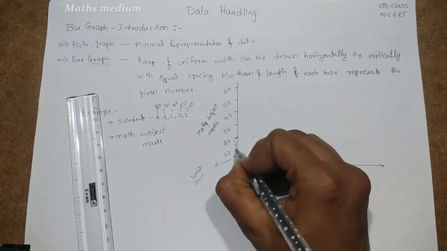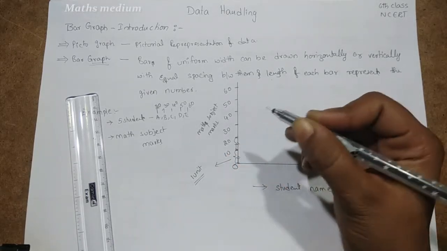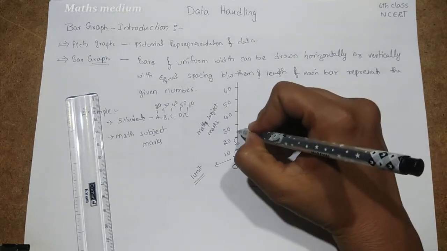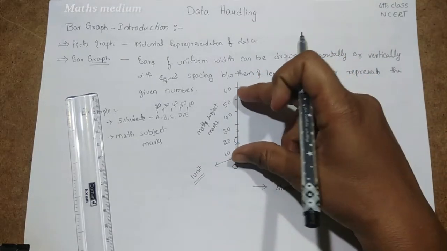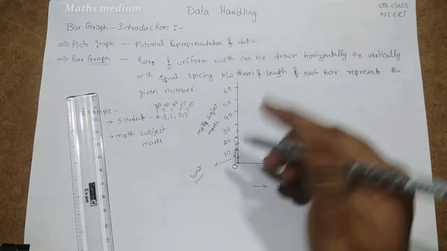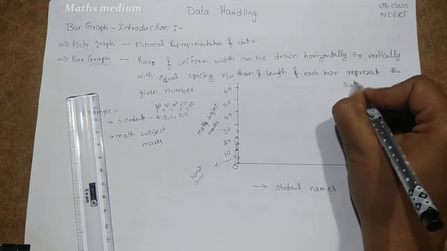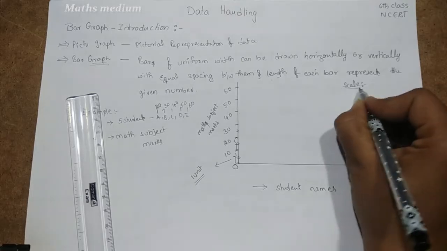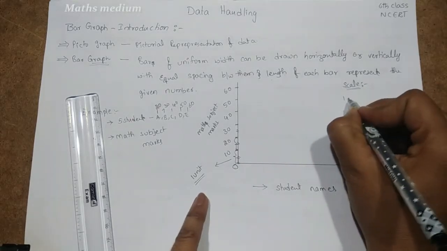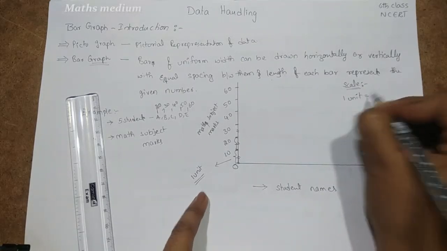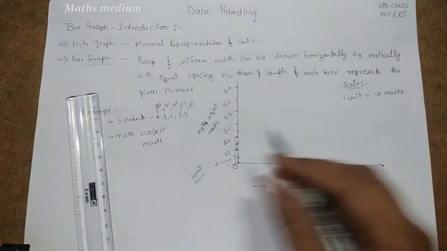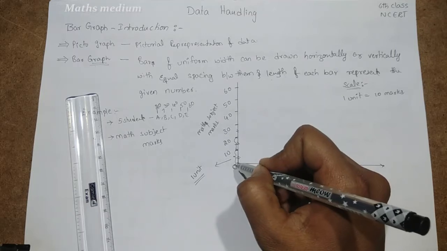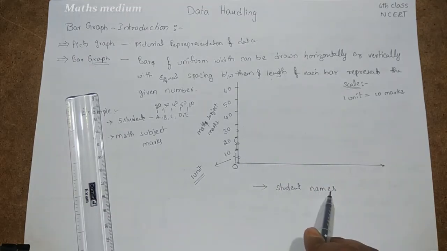This is also 1 unit, equal to this unit also. That's why it has equal spacing in length. So 1 unit is called the scale here. How are we going to take the scale? 1 unit is equal to 10 marks. Now, these are the marks of the students, right? Next, these are the names of the students.